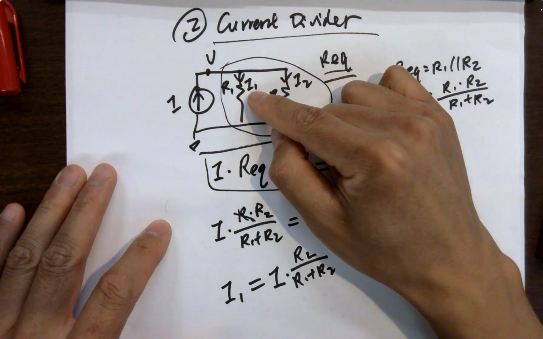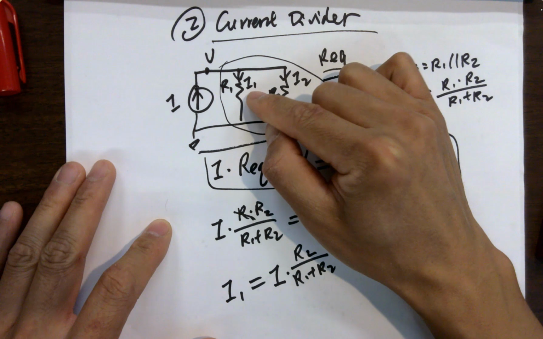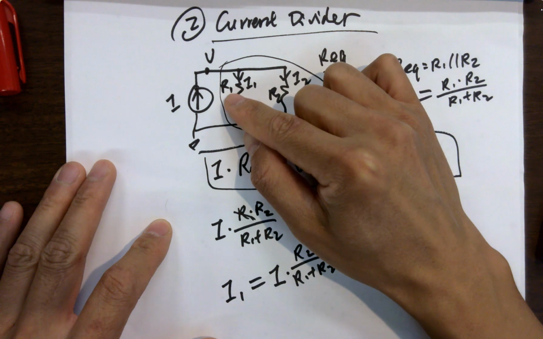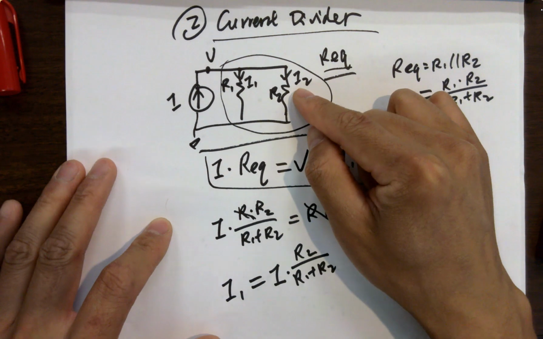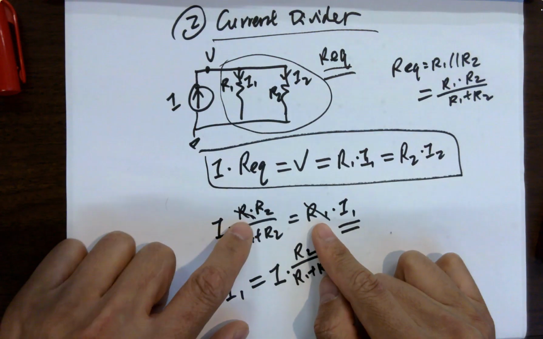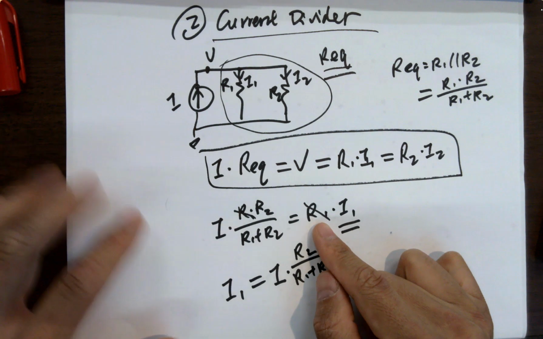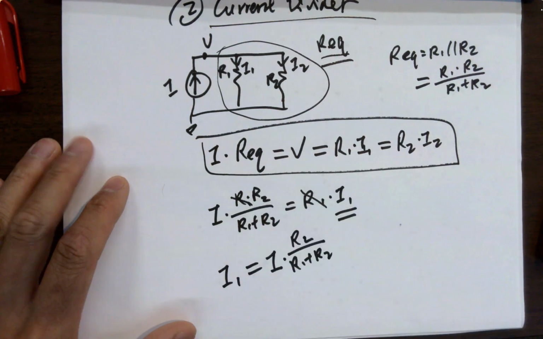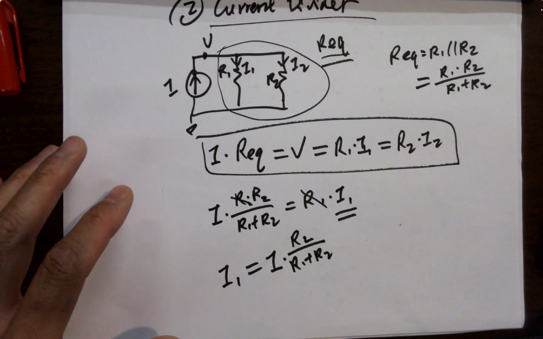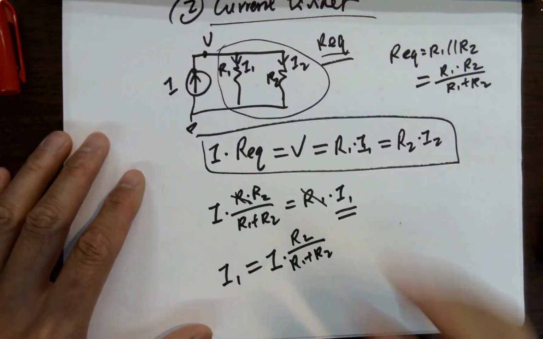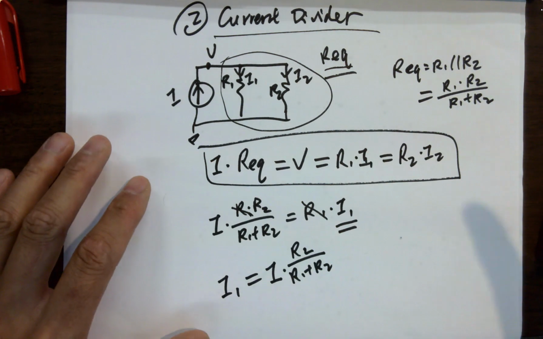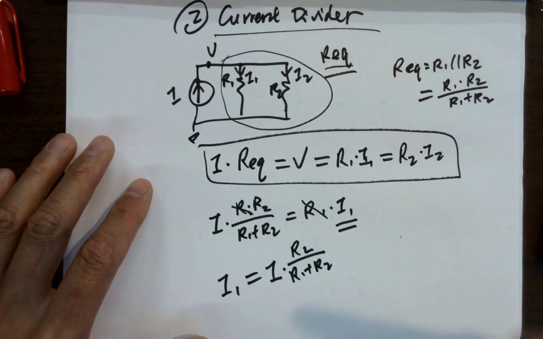If you are willing to find out the current flowing through this resistor, you have to multiply by the resistance of the other branch, because you got this resistor canceled from the equation. Could you remember that? It's just a quick way to memorize it. Even though I'm not asking you to memorize it, in future, if you're going to apply current divider or voltage divider equations for calculation, you can do it really fast.